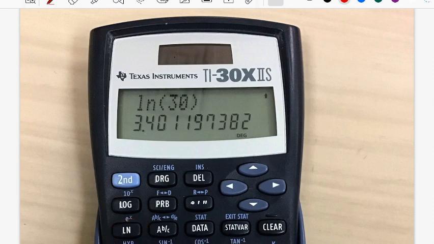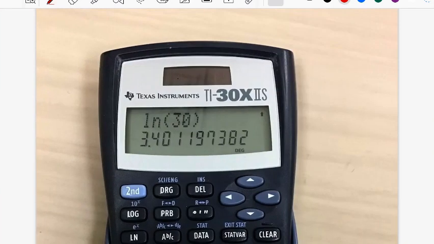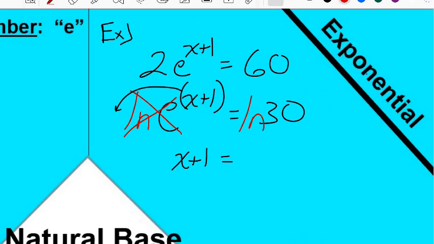And when you use that button, you can type the ln of 30, and we get about 3.4. So again, make sure you can do this on your calculator. If you didn't get your calculator out yet, you need to get it out now. Once we get 3.4 to a few more decimal places, then of course you can subtract 1 and you end up with 2.4.